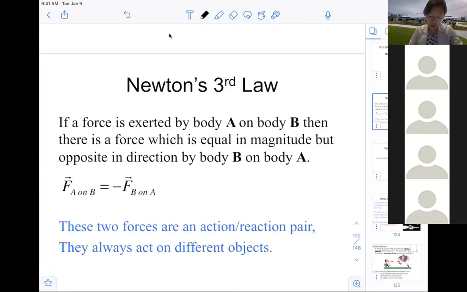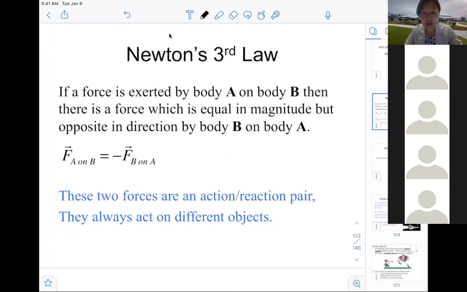So Newton's third law describes an action and reaction pair. It says if a force is exerted on object A by object B, then there must be a force which is equal in magnitude but opposite in direction by object A on object B. So they are equal in magnitude but in opposite directions, therefore we have a minus sign.